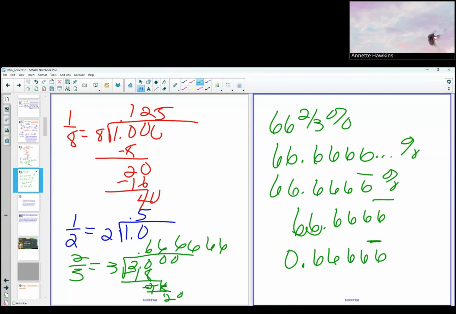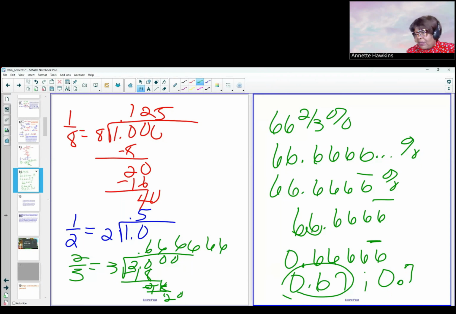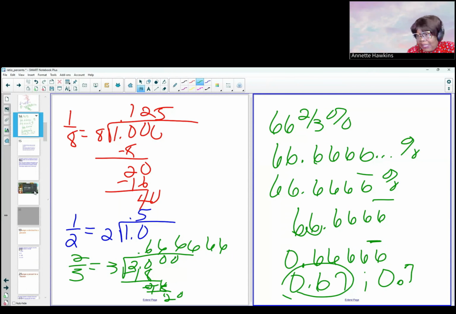We can round this to the nearest hundredth, so we could have something like this, or we can round it to the nearest tenth. Typically, we would round it to the nearest hundredth, so we have 0.67. Or 0.666. Any questions about changing a percent to a decimal?